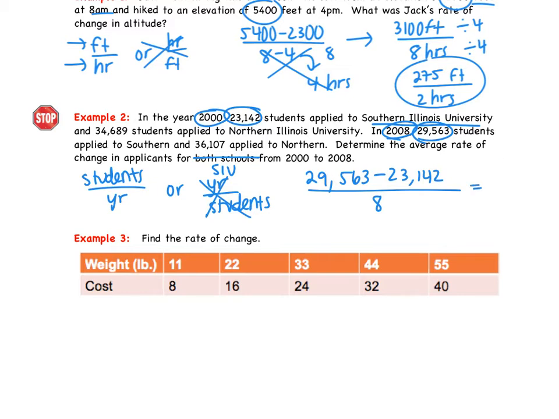The numerator, we get 6,421, and in the denominator, we get 8. So what that means is, over 8 years, there were 6,421 more applicants.